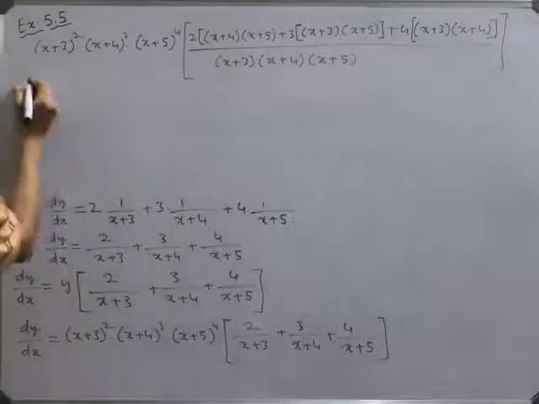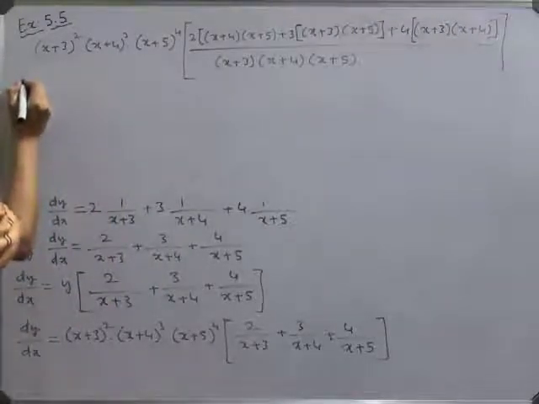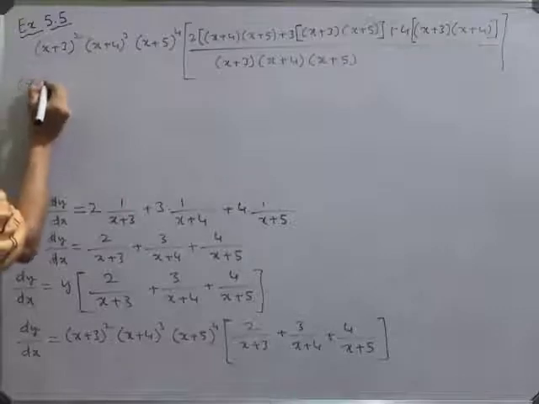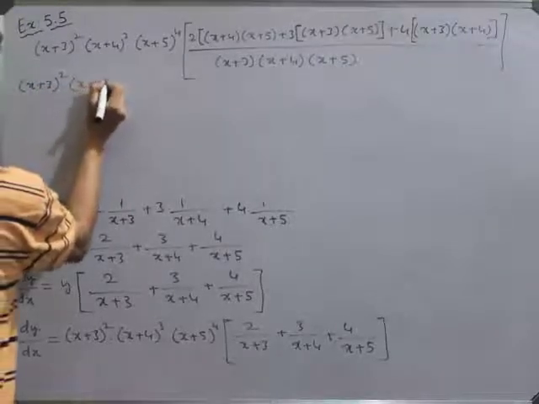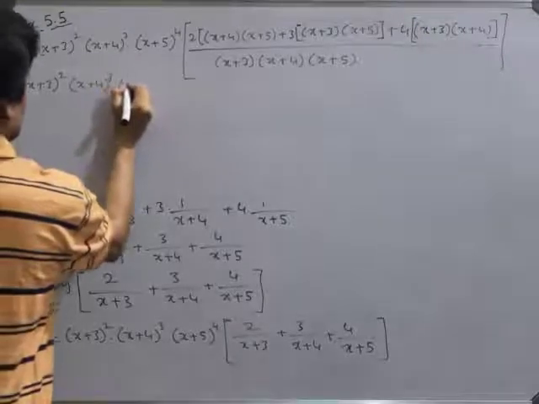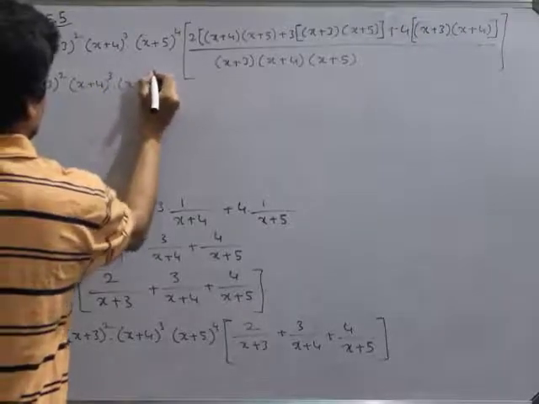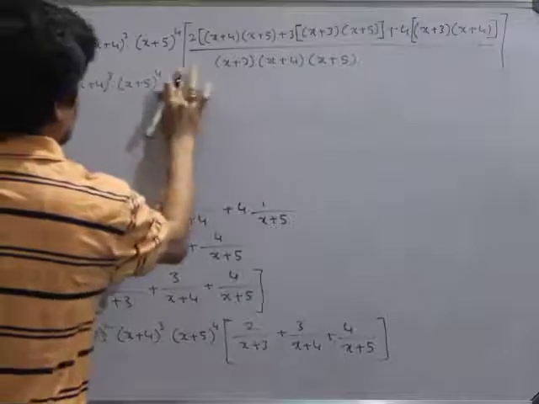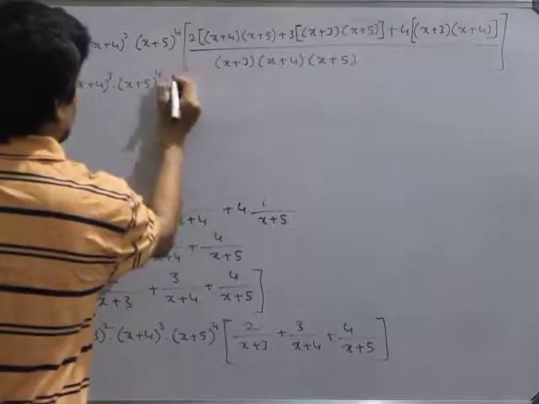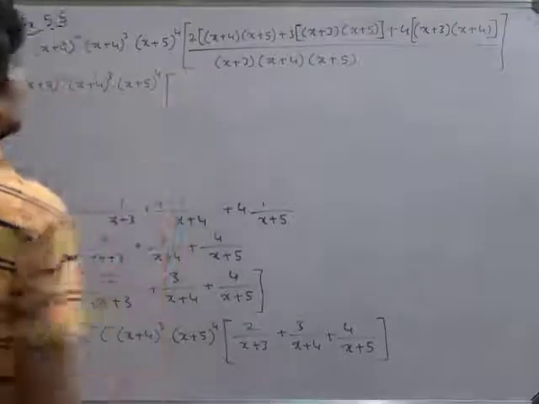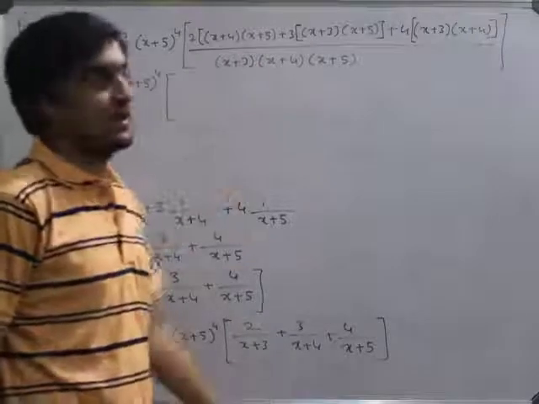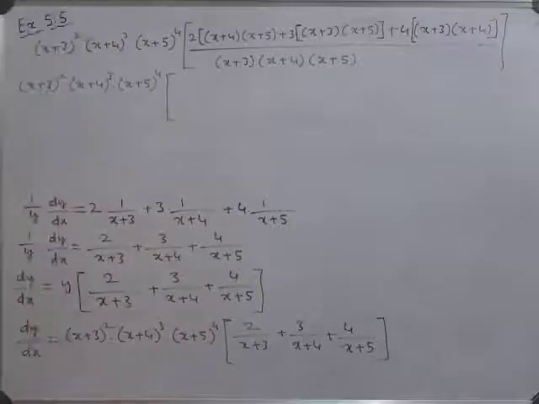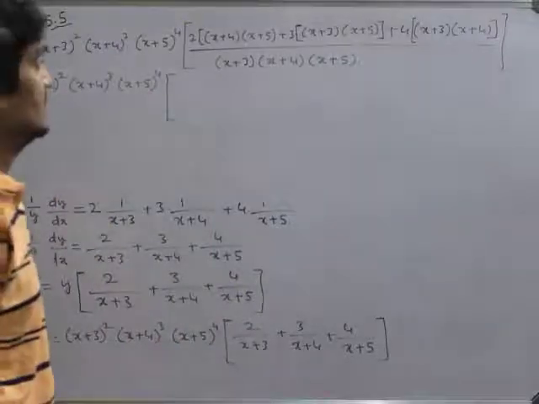Now write this as it is, you need not do anything with this one: (x+3)^2 into (x+4)^3 into (x+5)^4 into. Now use the formula (x+a)(x+b) = x^2 + (a+b)x + ab.